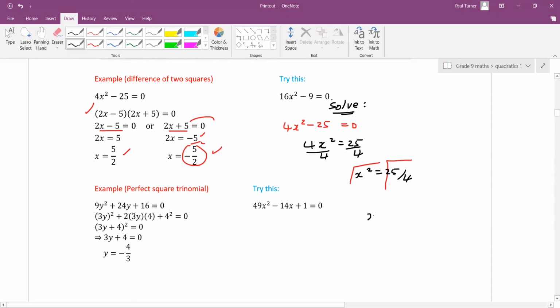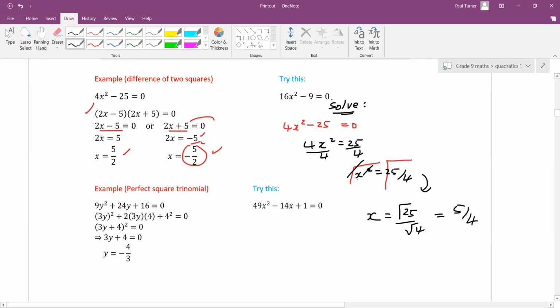So x would equal, now your square root will cancel a square, so we'll get x equals root 25 on root 4. I can split that into numerator and denominator, and you'll get 5 on 2.